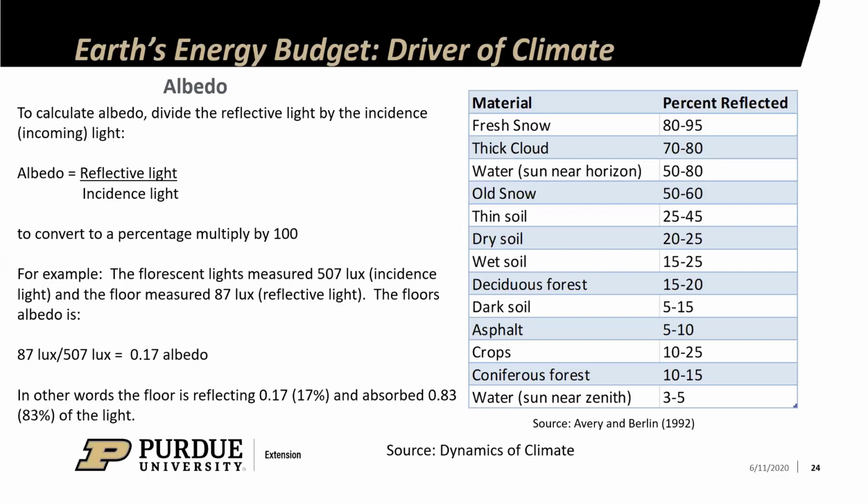So if you look at the chart there, fresh snow reflects a large amount of sunlight or radiation that hits it. On the converse end, water, when the sun is near its high point, or asphalt, has a very low amount of reflection, a very high amount of absorption of the sun's energy.